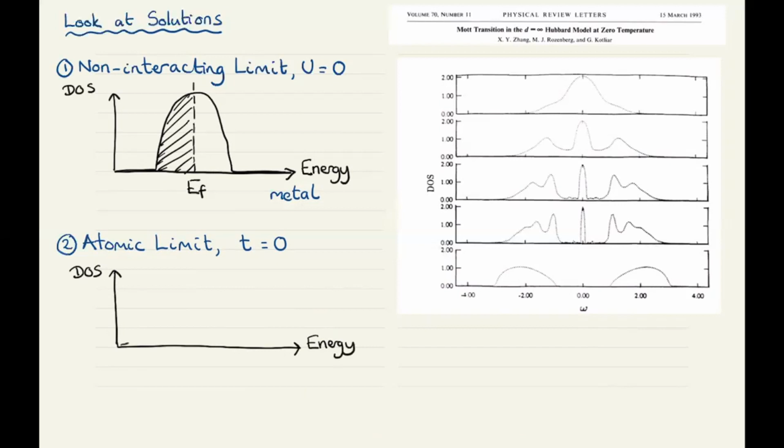It has just 2 peaks that are separated by U. The lower peak takes 1 electron on each atom. The second electron is separated from that in energy by the Coulomb repulsion, and so our system is insulating.